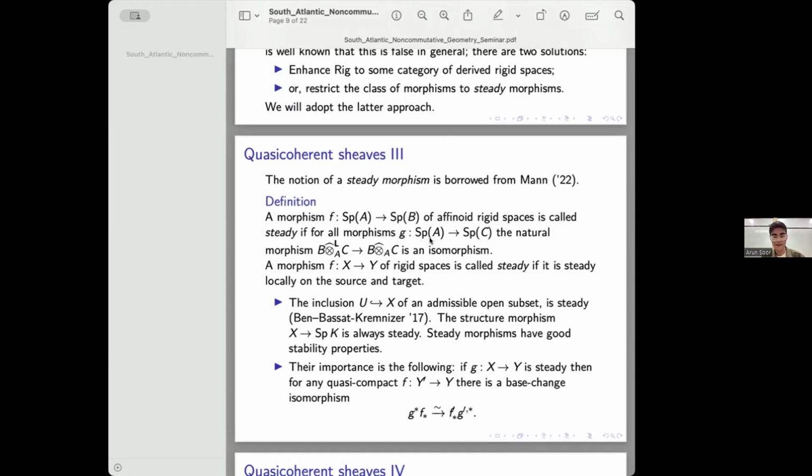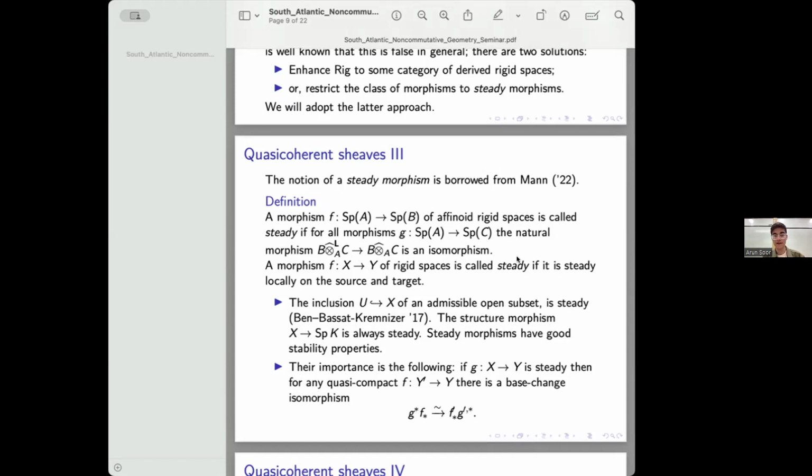It would be easier if you stuck to homomorphisms of algebras, maybe just erase Sp here. Okay, so a morphism of affinoid algebras is called steady if for all morphisms of affinoid algebras, the natural morphism from the derived tensor product to the tensor product is an isomorphism.